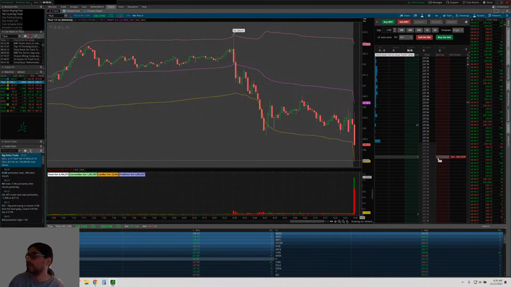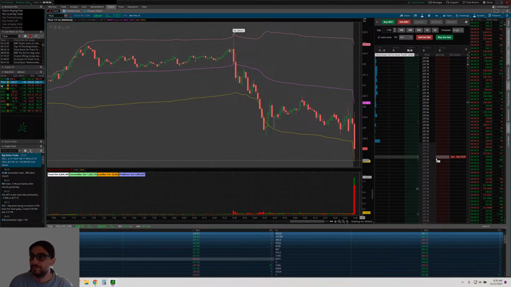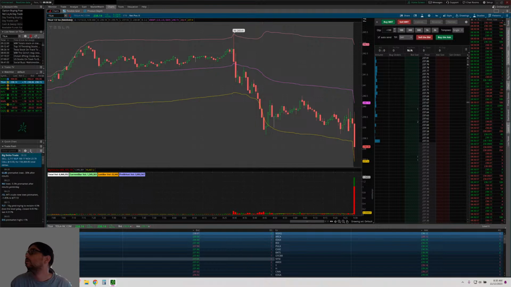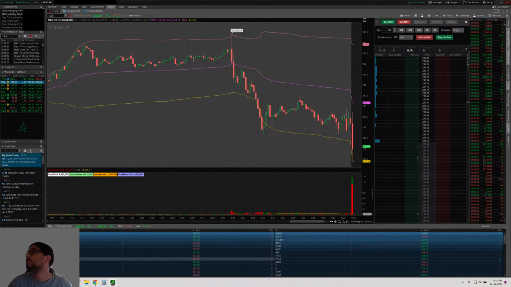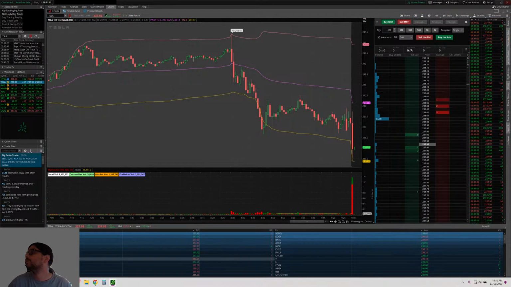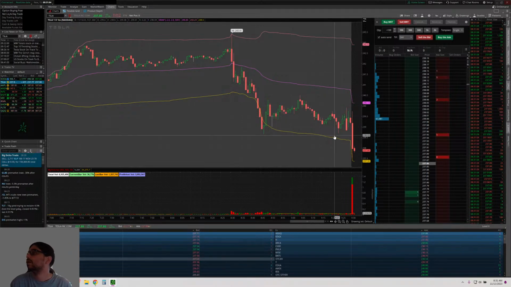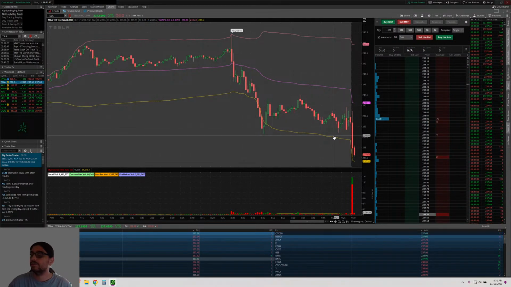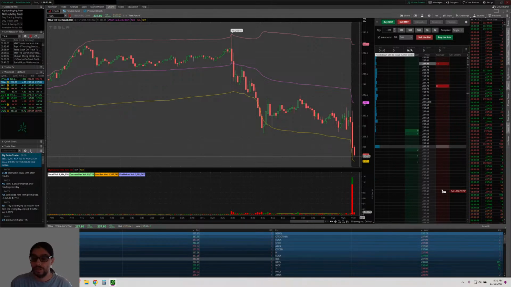Ten seconds on this candle. Zoom in on SPY and QQQ, see what they're doing. SPY's green. QQQ is red.